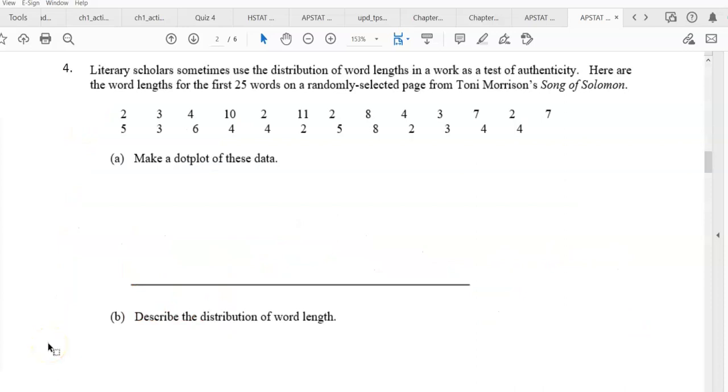To make a dot plot, we've got to figure out, let's see, the smallest term I see is a 2, I do see an 11, so I need from 2 to 11, so I might just go by ones. So 2, 3, 4, 5, 6, 7, 8, 9, 10, 11.